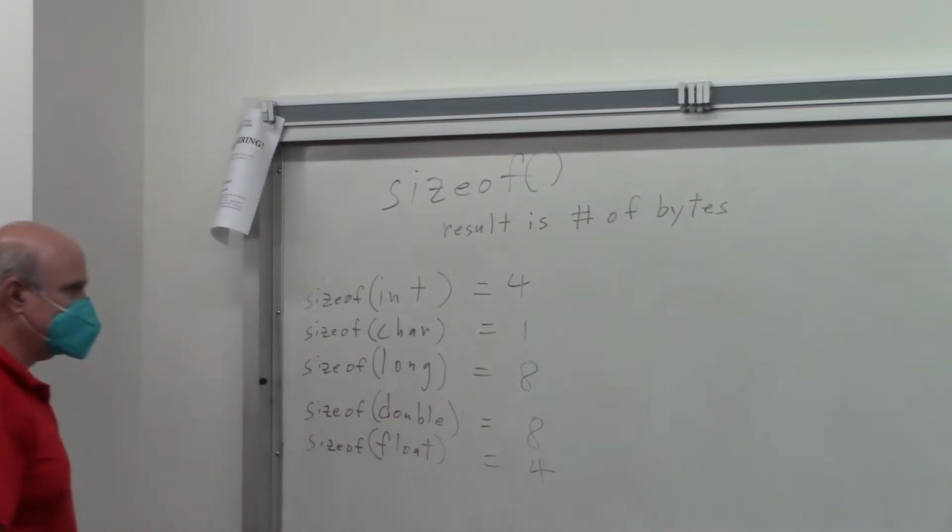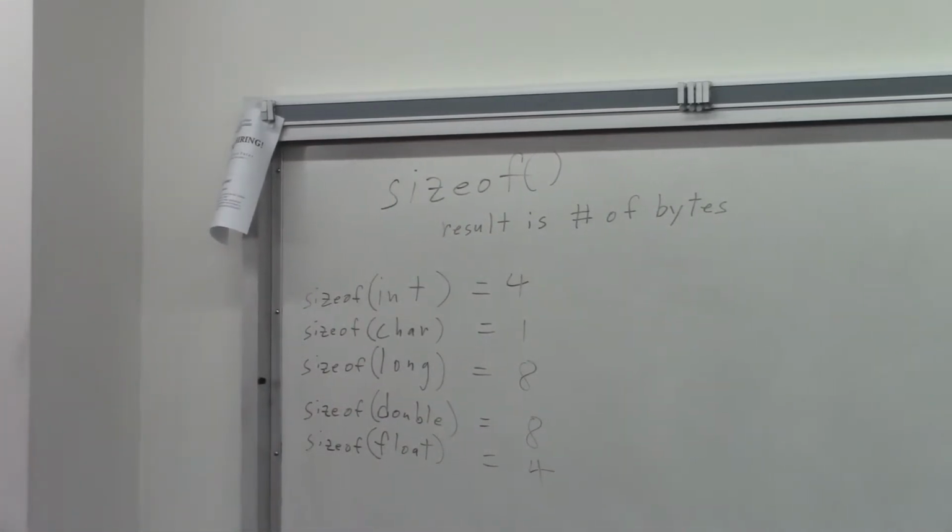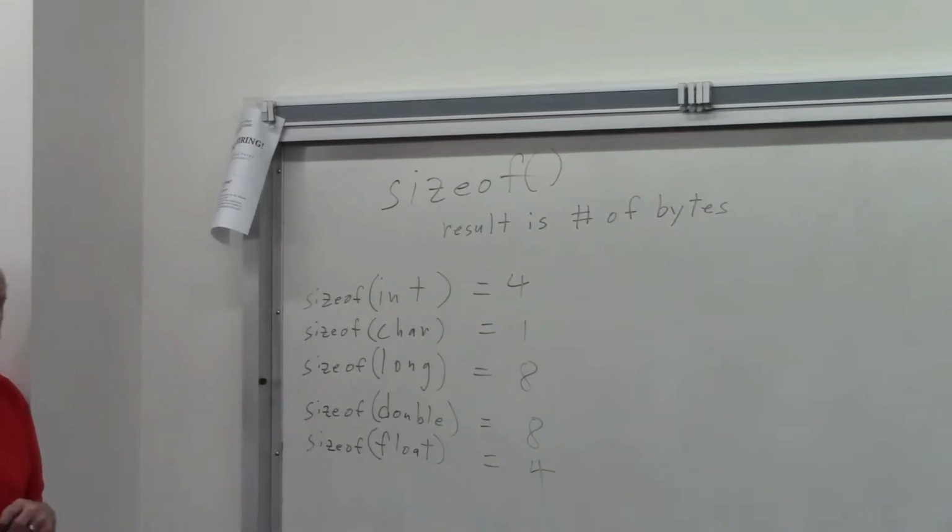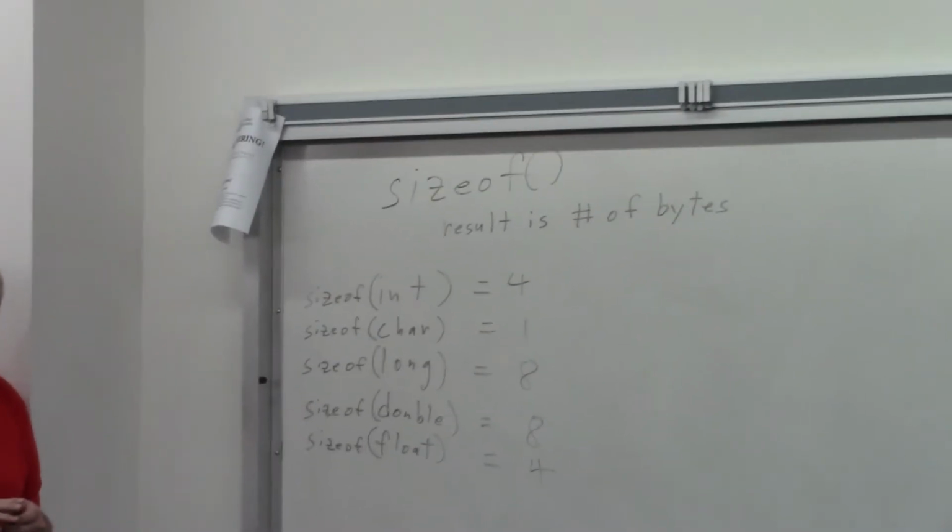On most computer systems, those are the numbers you will get if you say sizeOf int, sizeOf char, sizeOf long, and so forth. Because on most computer systems, a character variable is 1 byte, 8 bits.